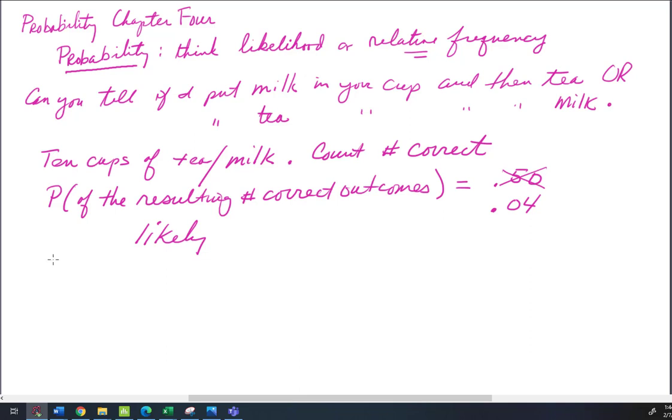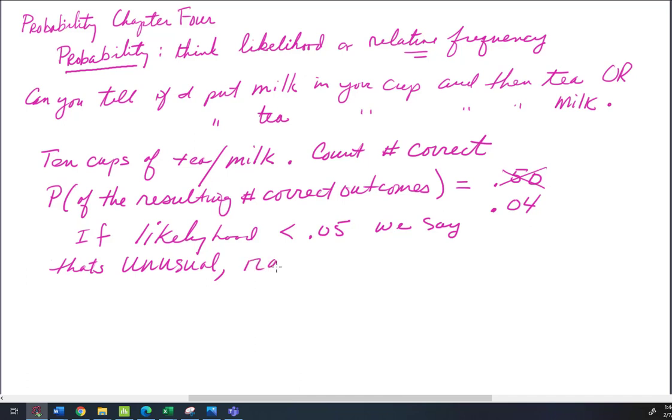In general, if the likelihood of an event is less than 0.05, we say that's unusual, or maybe we'd say it's a rare event, or we might say it's just unlikely.